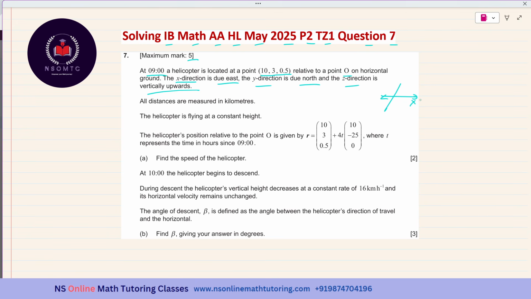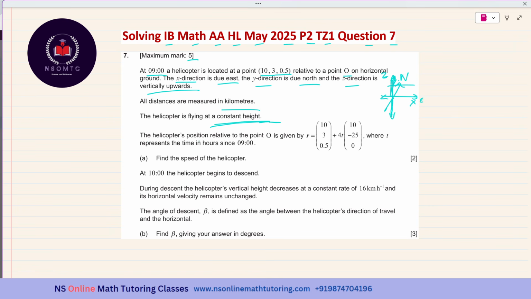This is x due east, this is y due north, and this is the vertical axis z. It will be measuring the height of the helicopter. All distances are measured in kilometers. The helicopter is flying at a constant height. So the z value will be constant, the same at every point.